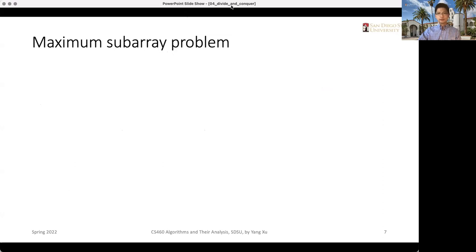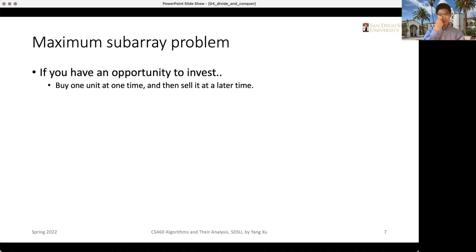All right, so as the name indicates, we want to find the maximum subarray within an input array, right? But let's put the problem into a more concrete scenario. So imagine we are considering an investment problem. Okay, we want to either invest in stock markets or whatever markets we're interested in.